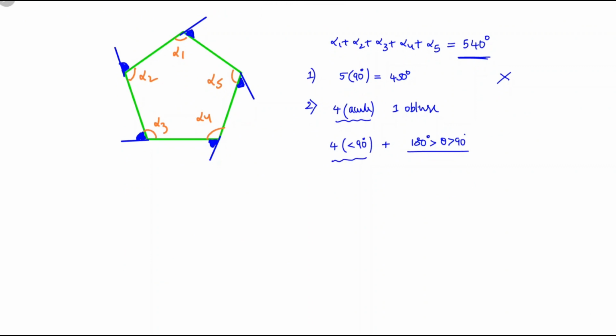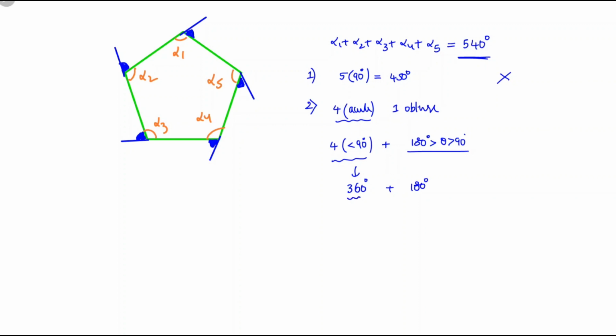Now 4 times 90 will be 360 degrees, in fact less than that, plus something between 90 and 180. So the maximum case it can be up to 180.